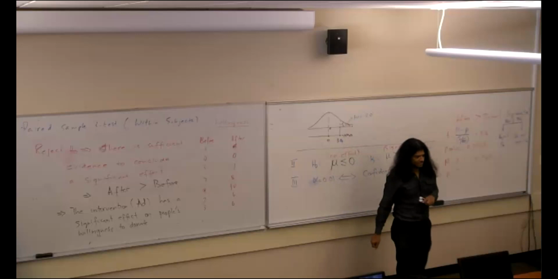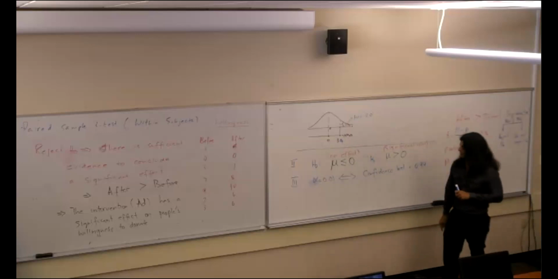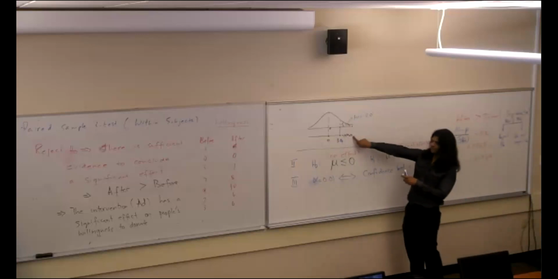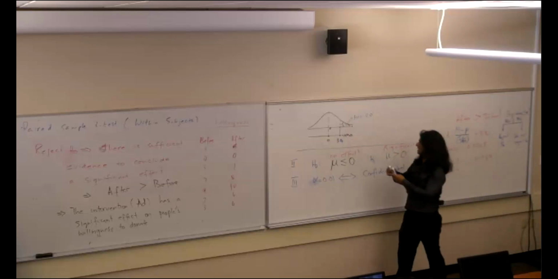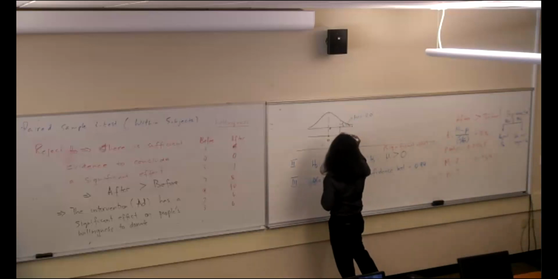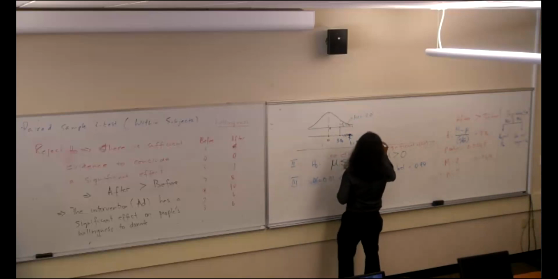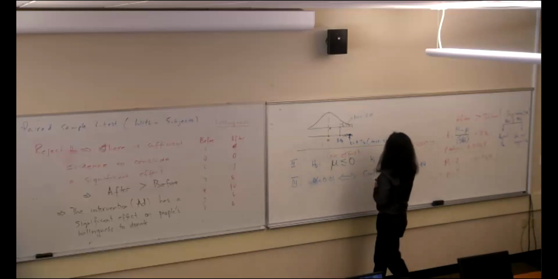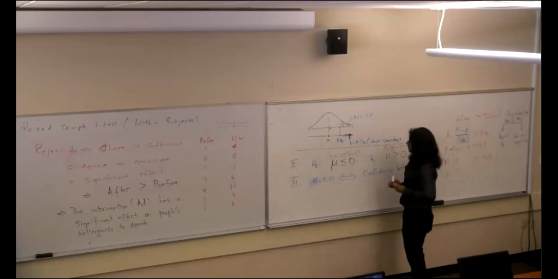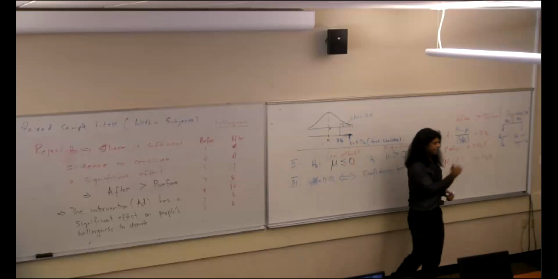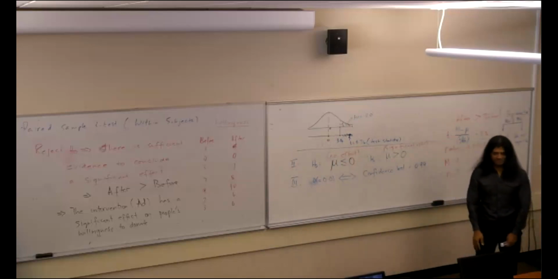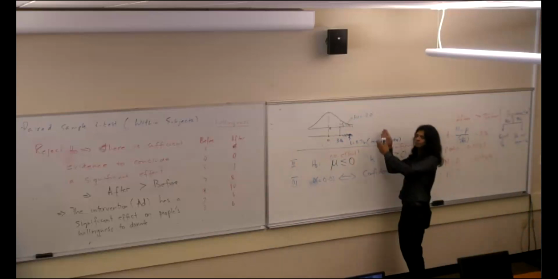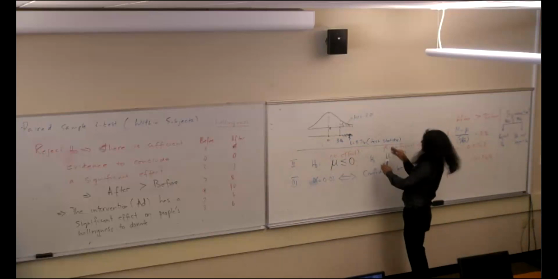Where is our test statistic? 3.74, somewhere over there. Did it fall in the rejection region? Yes. So if you deduce that the test statistic falls in the rejection region, you reject the null.